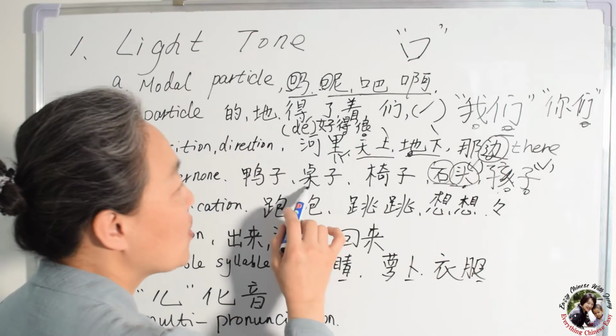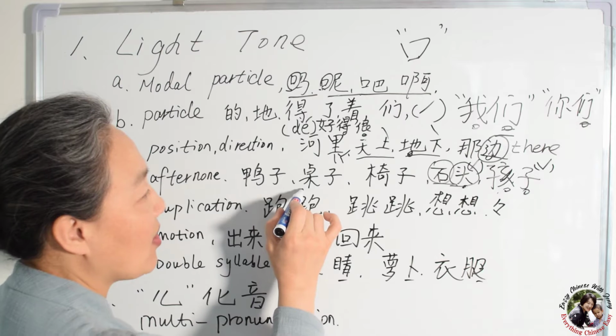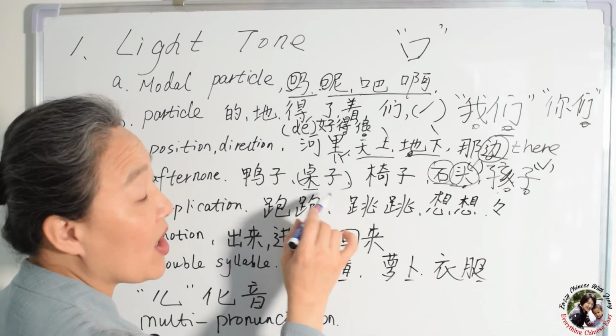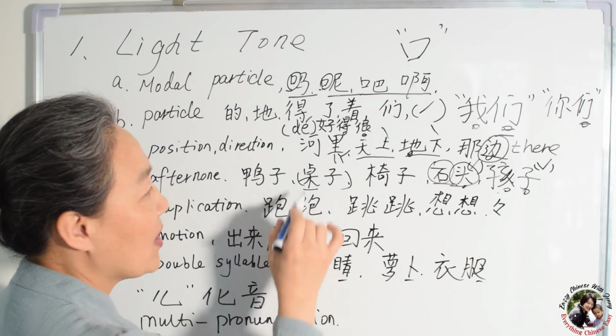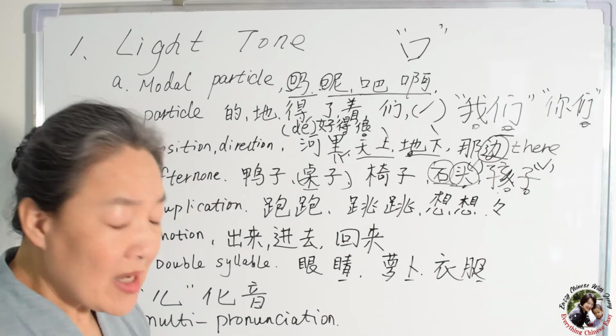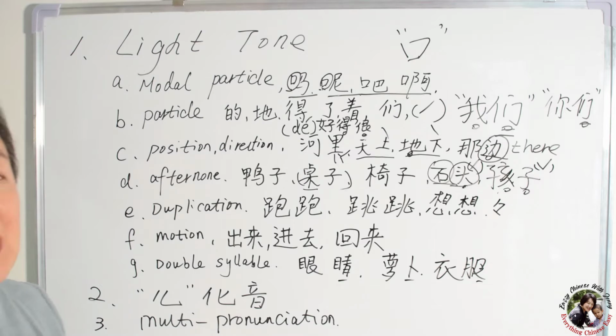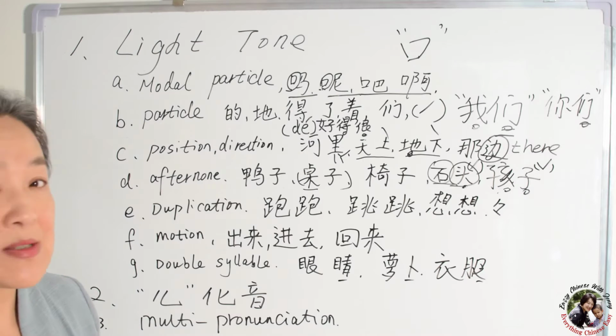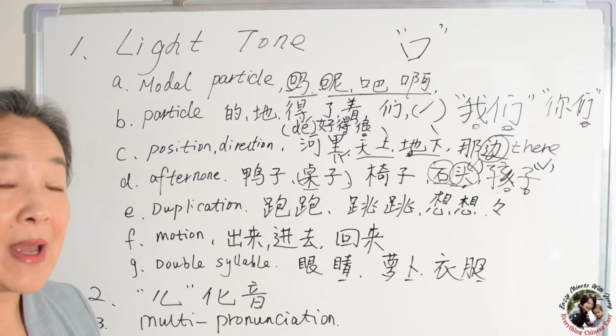Remember? 桌子, we have learned this character also. 桌 means table. 桌子 together also means table. Chinese characters, because they're always a single syllable, they want to make the phrase more lyrical.